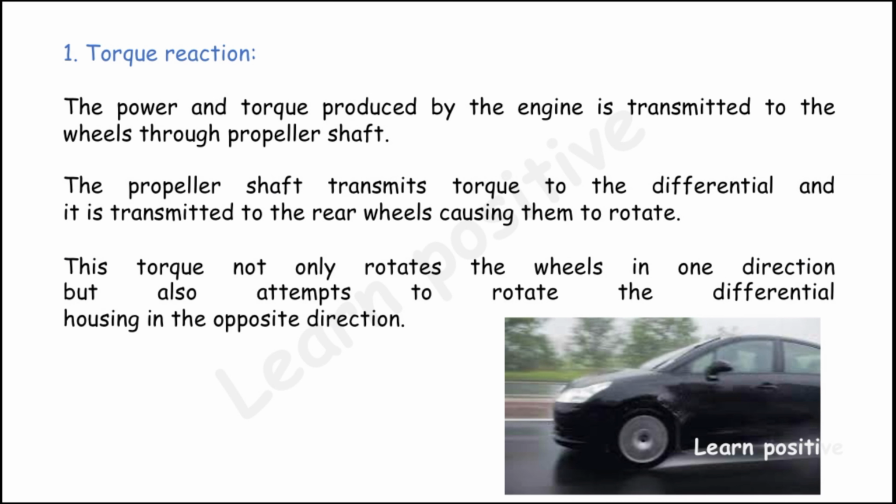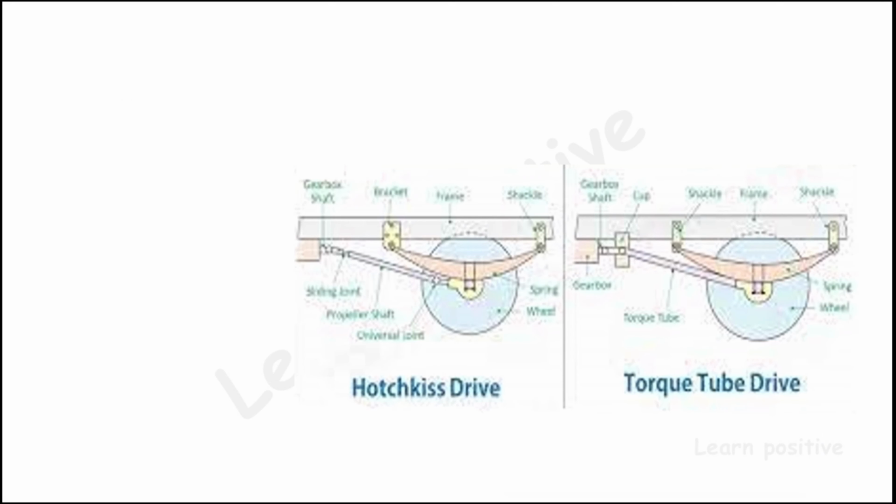So this torque not only rotates the wheels in one direction but also attempts to rotate the differential housing in the opposite direction. Due to this opposite direction rotation in the differential and the axle, the torque reaction is made inside. So this reaction is known as the torque reaction.